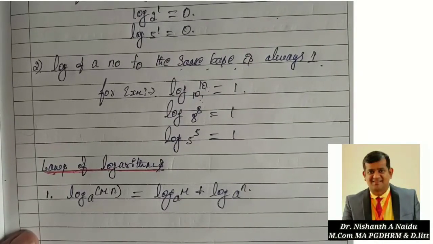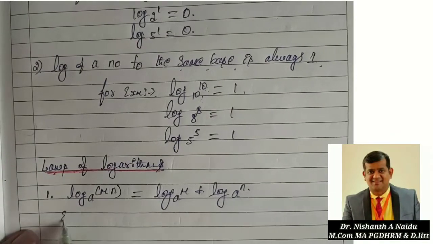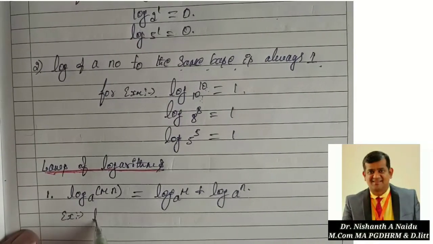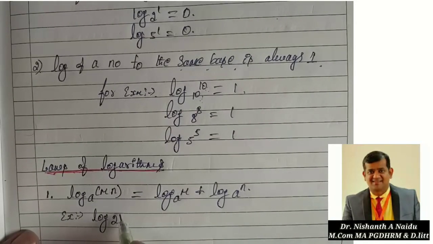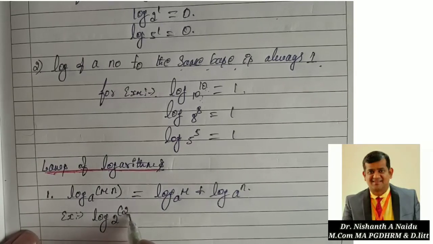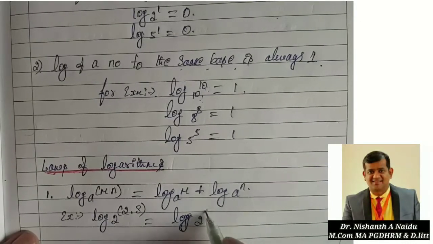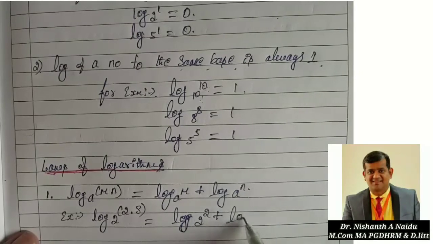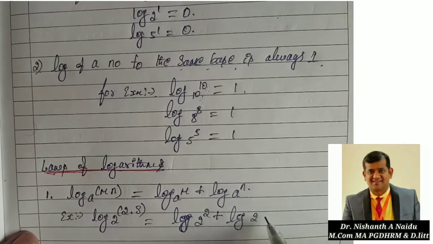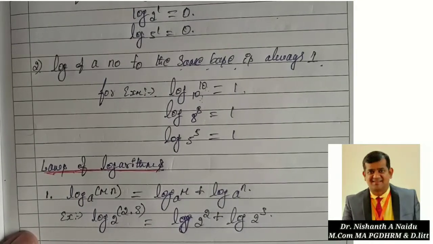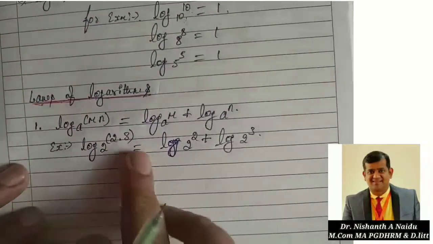An example for this is log 2 to the power 2 into 3, that is equal to log 2 to the power 2 plus log 2 to the power 3. Okay, this is the first law.